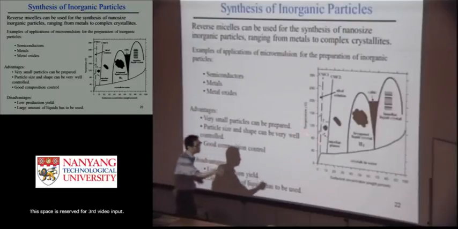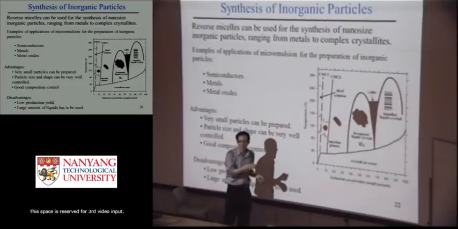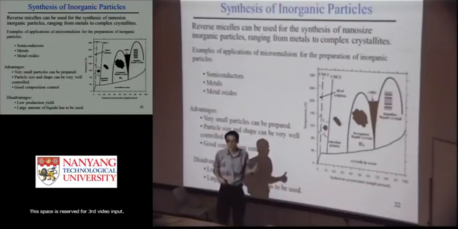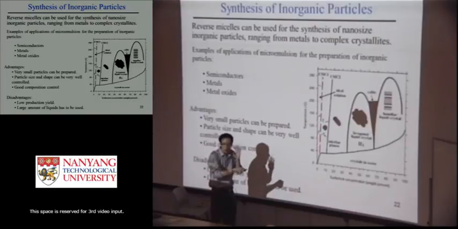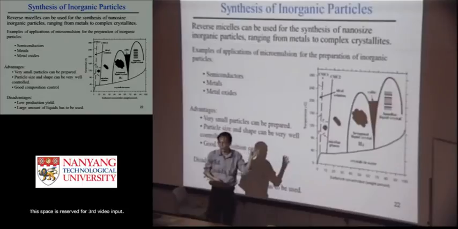This is a typical phase diagram for one particular surfactant called CTAB, just one surfactant commonly used in the lab. This axis is the amount of surfactant in the liquid, in this case water. If the concentration of the surfactant is very low, you form discrete individual molecules.